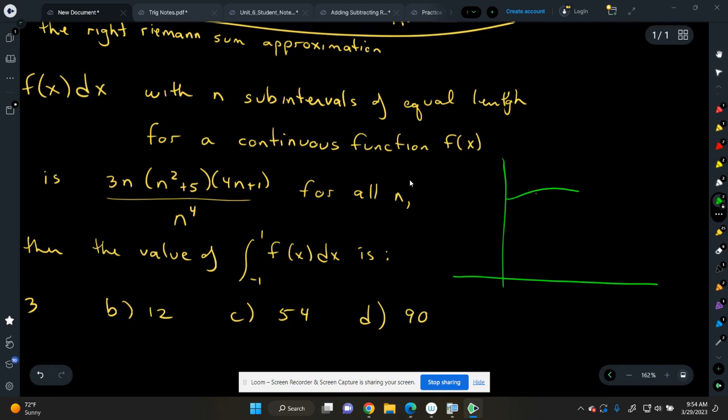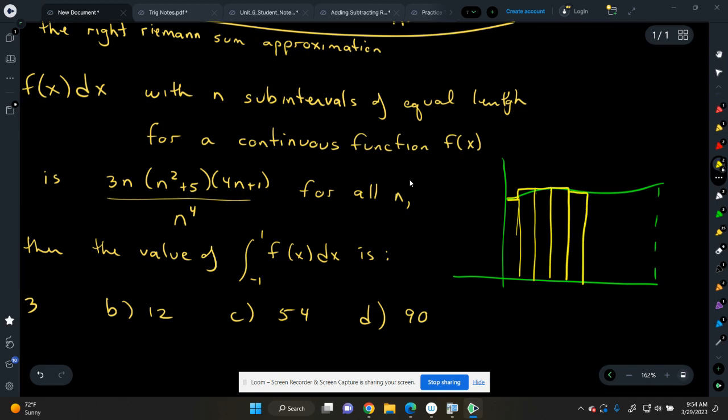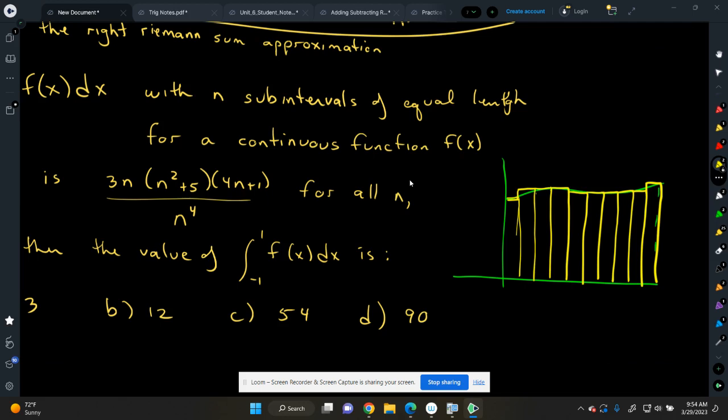Let's just talk about the Riemann sums, right? If we have these rectangles, by taking the area of each rectangle and adding them together, that's what we do when we do Riemann sums.